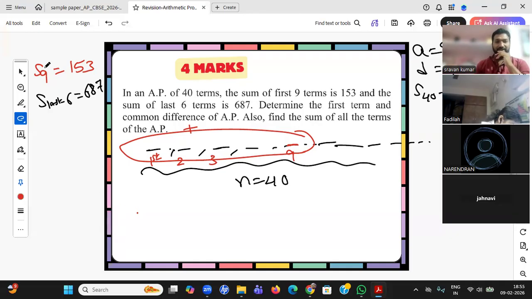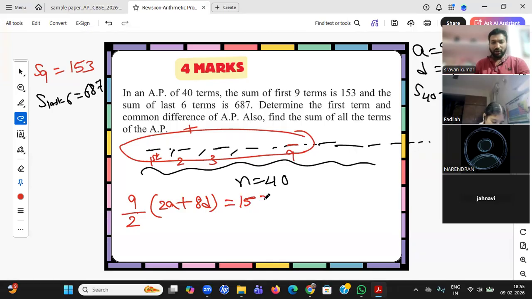S9 equal to 153, so we can use your general formula. S9 means n by 2 into 2a plus n minus 1 into d. So 9 by 2 into 2a plus 8d equal to 153. I don't know the first term, I'm assuming a. You see, you already got one equation, student. If you are able to get another equation, you can solve it.